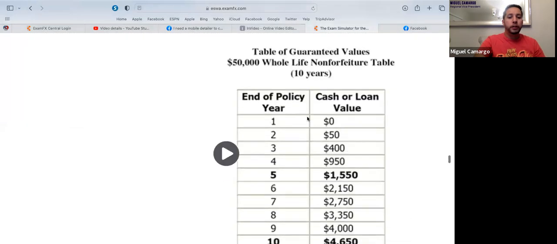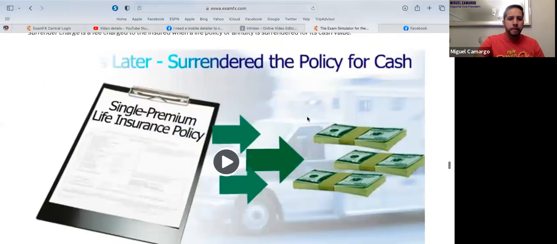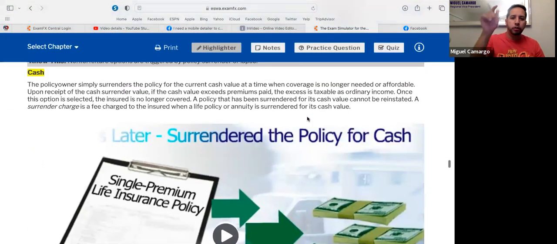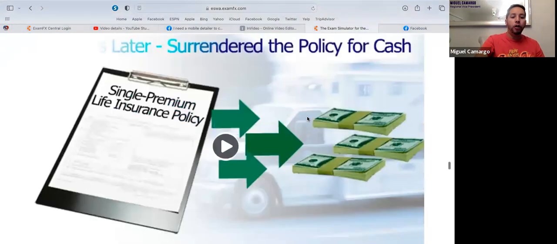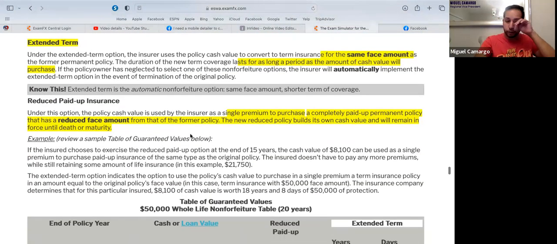So we're going to give you an acronym. The acronym is going to be REC. The R is for reduced paid up insurance. The definition of this is you're going to take whatever money is sitting in that whole life policy, the cash value, and buy a paid up policy.